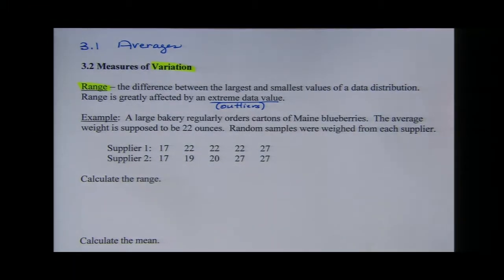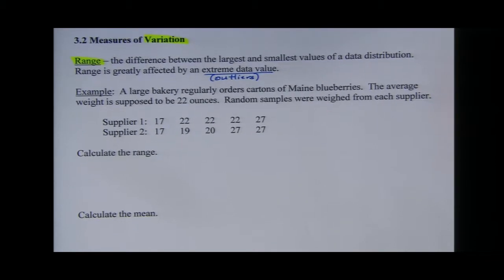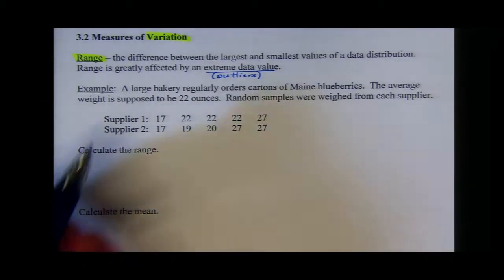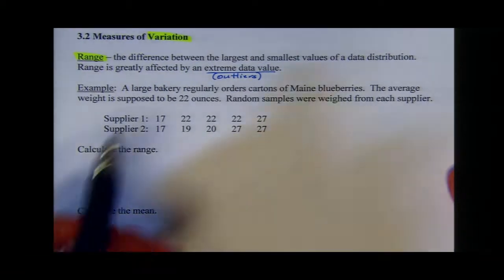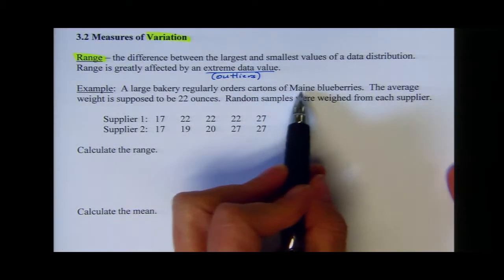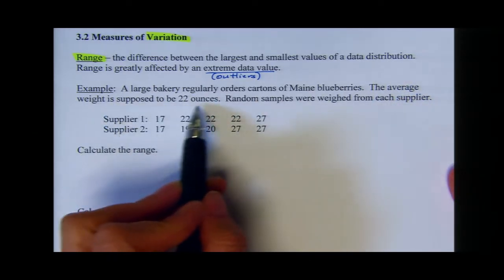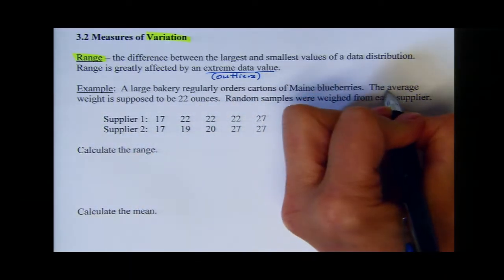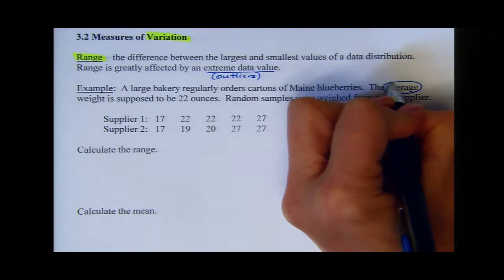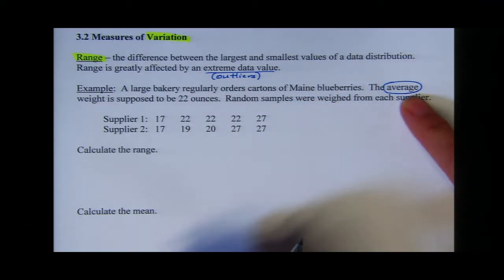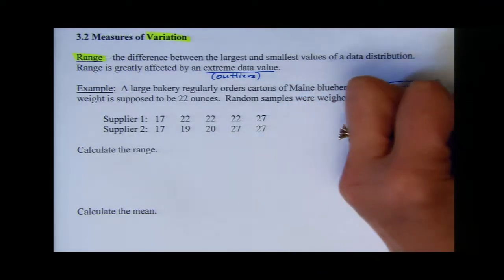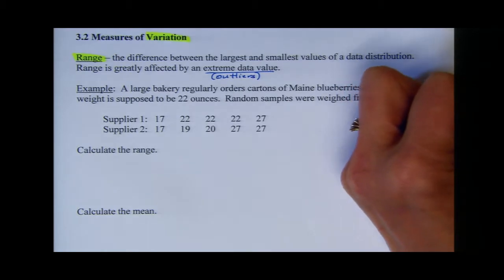So let's take a quick example that we're going to look at in 3.2. A large bakery regularly orders cartons of Maine blueberries. The average weight is supposed to be 22 ounces. Okay, the average weight, so average is mean, median, and mode, and in this case it's talking about the mean.